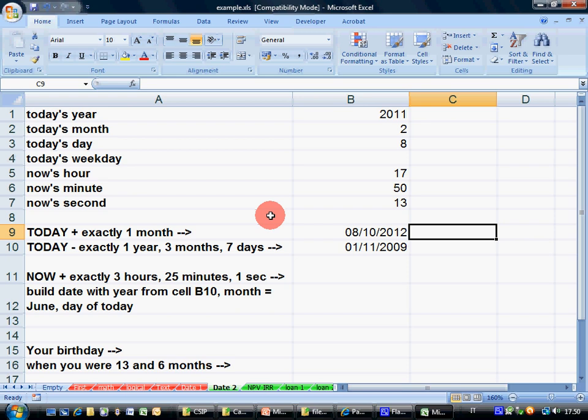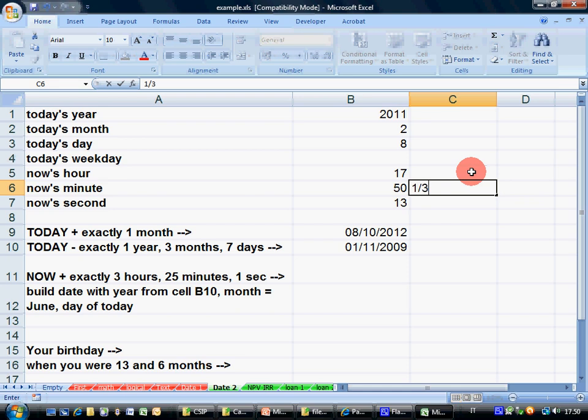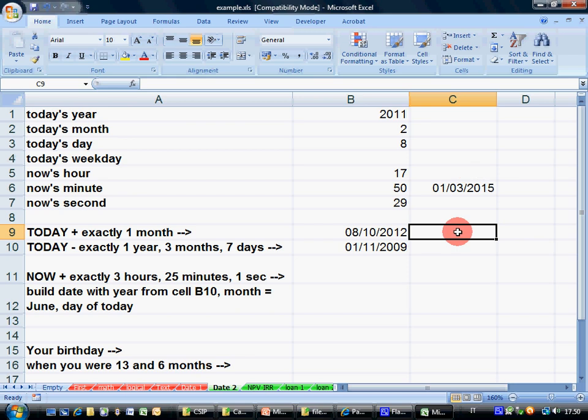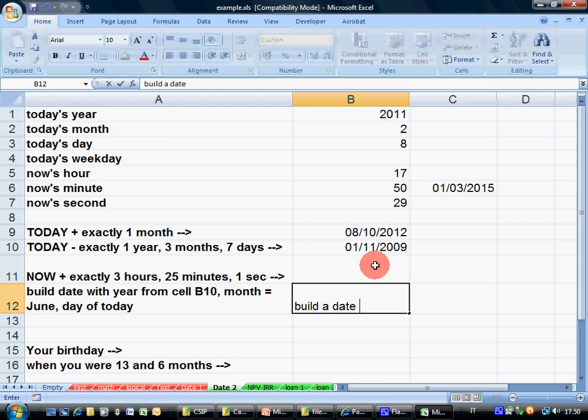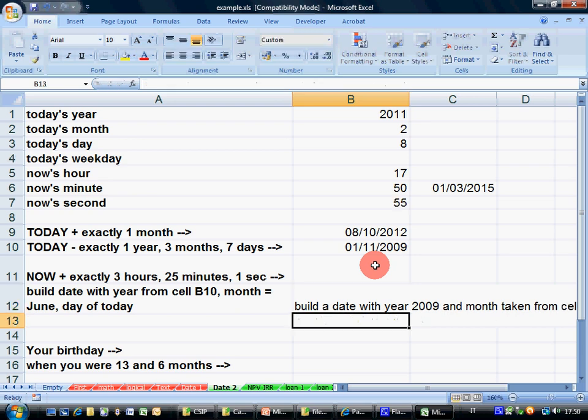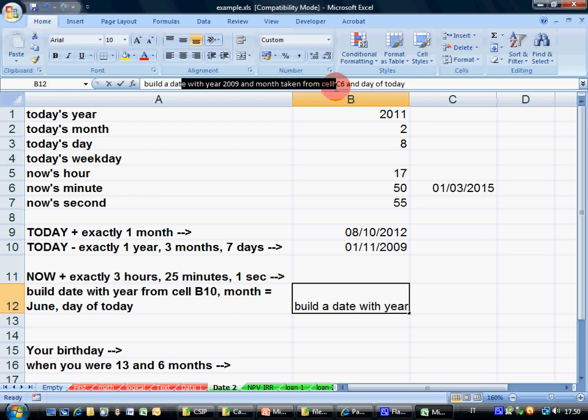For example, I ask you, write here a date, the 1st of March 2015. And here I ask you, build a date. I will write it so you will get it. Build a date with year 2009, month taken from cell B6, and day of today.